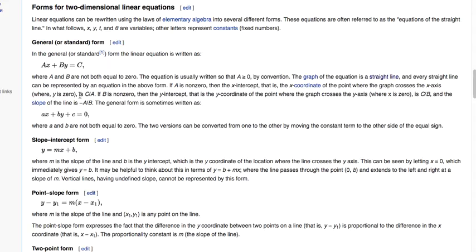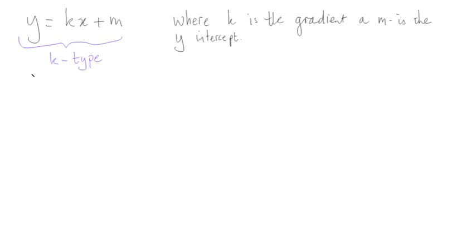However, in English language mathematics, we sometimes call this the slope-intercept form. Because if we're given the slope, which is the same as the gradient, and the intercept, the m value, then we can express the equation of the straight line completely.